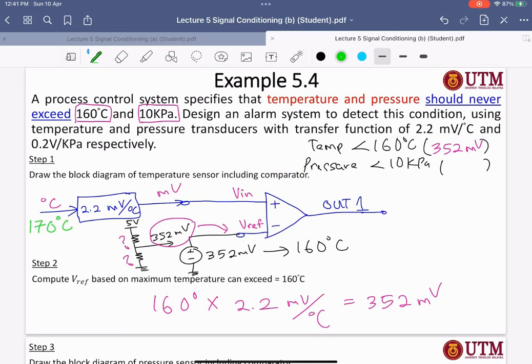Yes, it is 1, which is equal to something like the 5 volt. If the input is 150 degrees, you will get the output 0. That is the concept of the comparator.